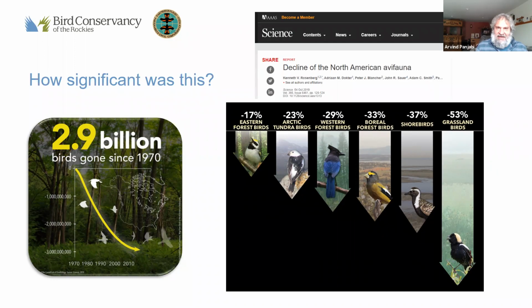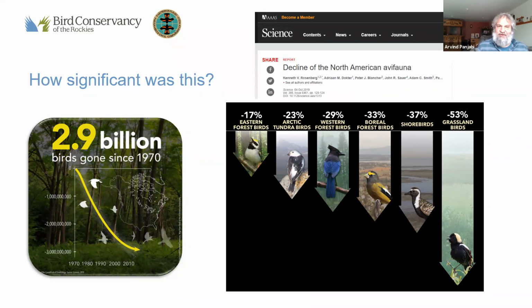And so what does this mean? Many of you are probably aware that we have lost 2.9 billion birds from North America over the last 50 years. But maybe you didn't know that a large part of those birds that were lost come from the western forest region that you see in this graph on the right here, depicted by the Steller's jay.